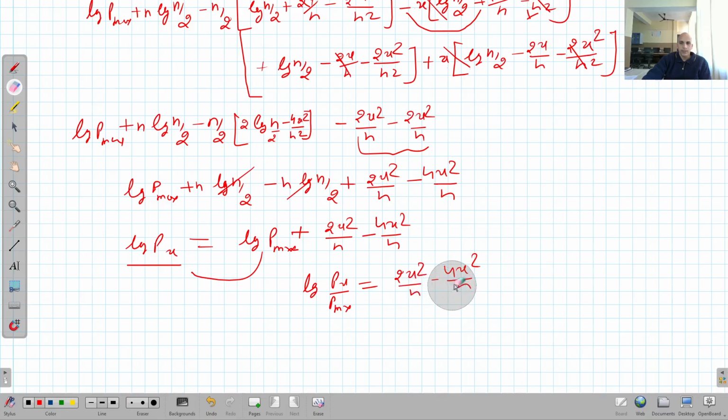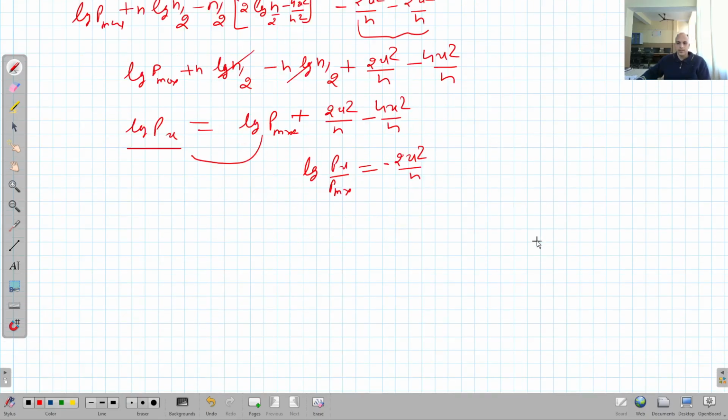So it will become minus 2x square upon n, right? So if I further simplify it, I take the logarithm on both the sides, sorry, exponential, then it will give me px upon p maximum is equal to e raised to power minus 2x square upon n, right?